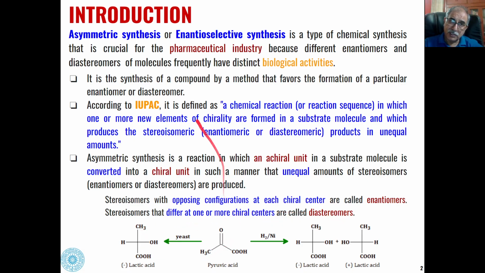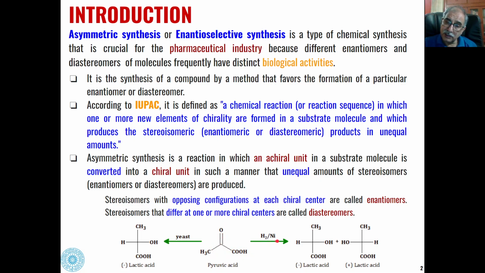An example of asymmetric synthesis, a very common example, is the formation of lactic acid from pyruvic acid. If you react pyruvic acid with hydrogen in presence of nickel, hydrogenation of this carbonyl functional group will take place, and this will be reduced to alcohol.